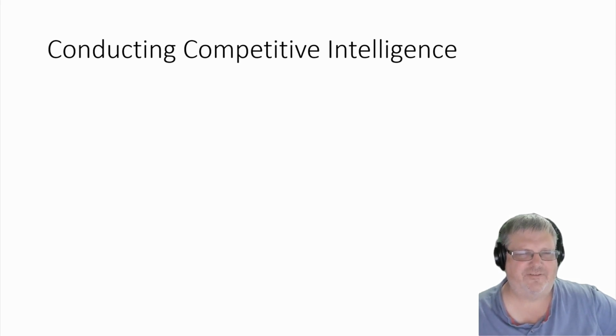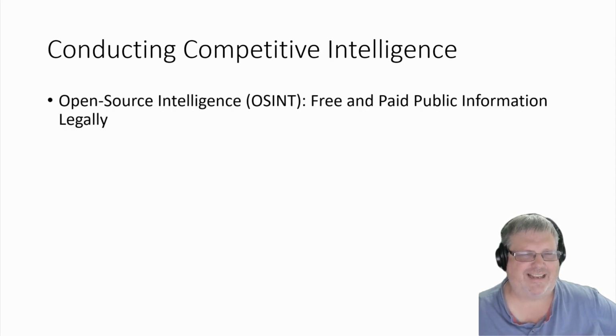One set of intelligence gathering that is often used between companies is called competitive analysis or intelligence. A lot of these techniques are known as open source intelligence, or OSINT.